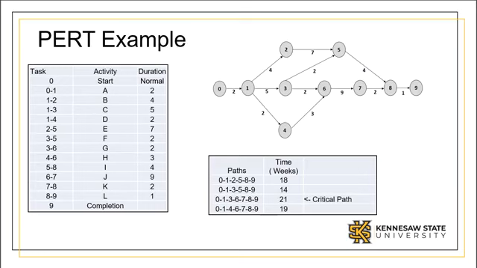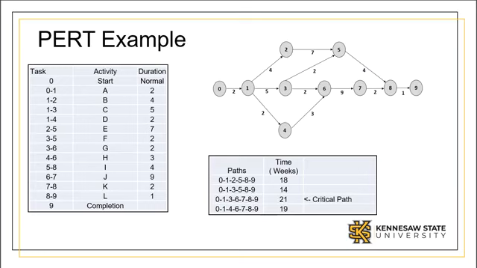Events that have multiple arrows coming out are called burst points. Events that have multiple arrows coming in are called sync points. Event 1 would be a burst point, whereas event 5 is a sync point.